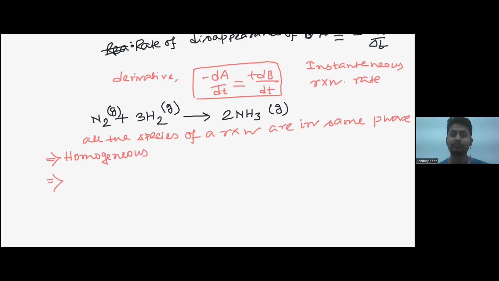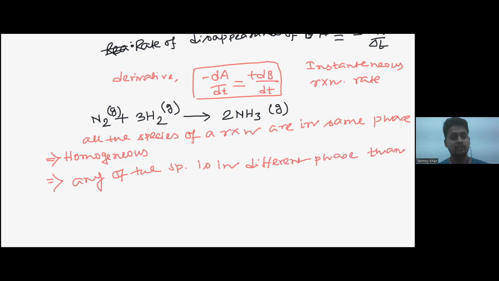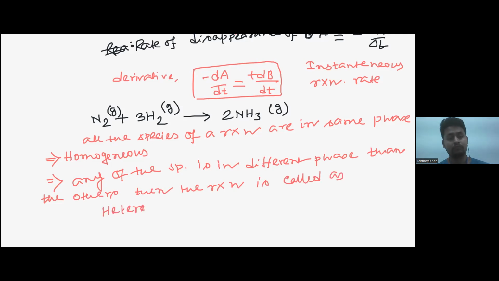If any of the species is in a different phase than the others in the reaction, it is called heterogeneous. So this one is purely homogeneous.